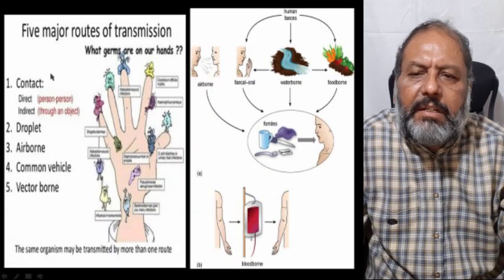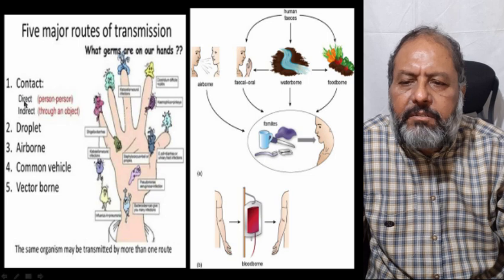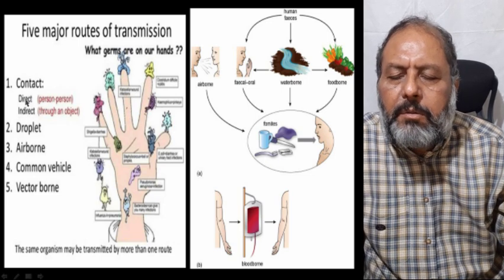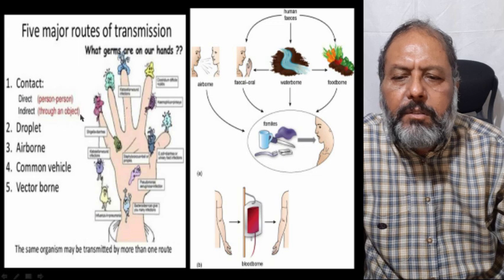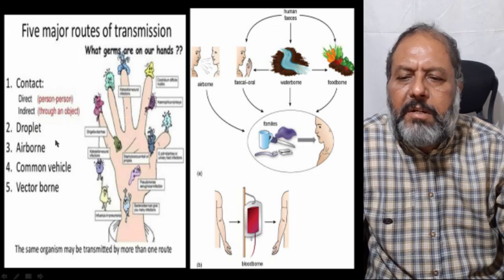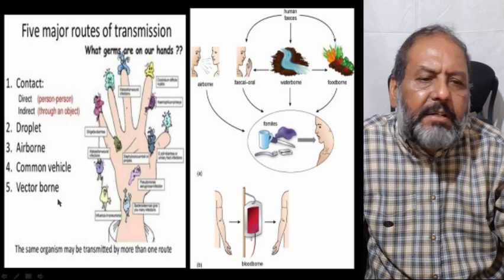And here one can see 5 major routes of transmission: contact, direct or indirect, through skin, from person to person or through an object, which is indirect; droplet, through the respiratory tract; airborne; common vehicle; and vector-borne.